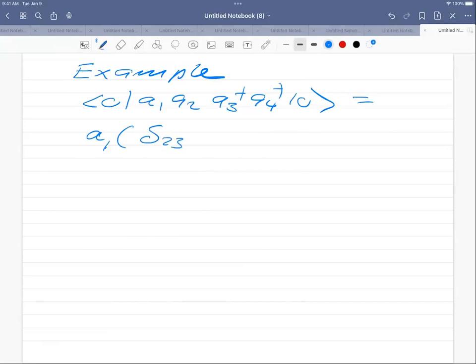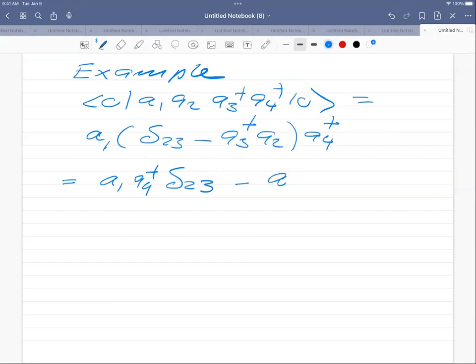So that's a contraction minus A3 dagger A2 here, and then I have A4 dagger. So I'm just using the anti-commutation rules. So this will be the same as A1, A4 dagger with a Kronecker delta, delta 2, 3. And then I have minus A1, A3 dagger, A2, A4 dagger.